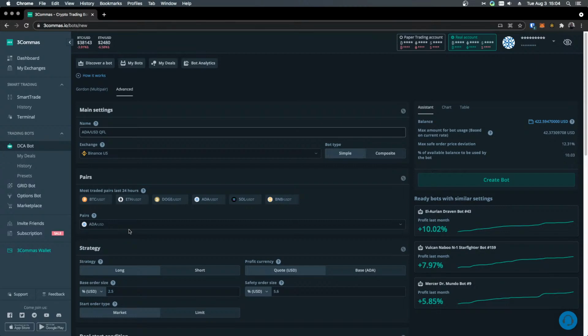You can get away with pairing it to Tether or USDC if your particular exchange doesn't have an actual USD pair. But in my case, since I do have a USD pair, I'm going to go with that because then we don't have to worry about little nuances or sheer spiky volumes in the USDT or whatever you're paired with to cause you weird divergence problems that you don't need to understand.